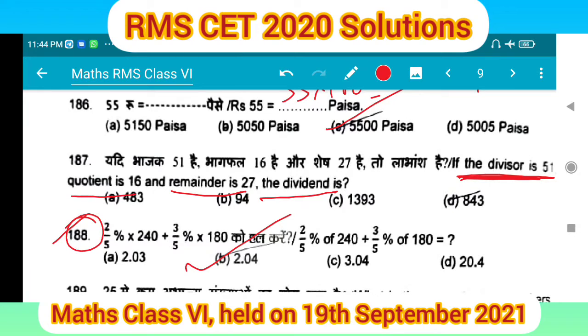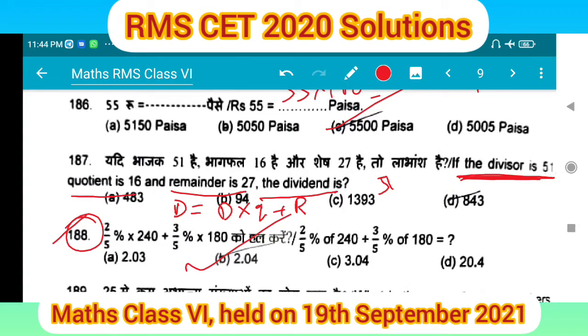If the divisor is 51, okay, you know the formula now, this one. The dividend is nothing but divisor into quotient plus remainder. This is the formula. So put the values.